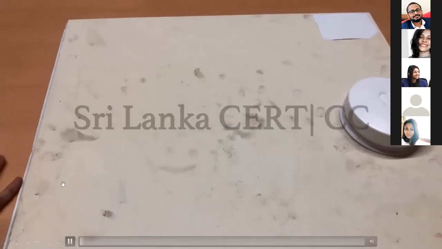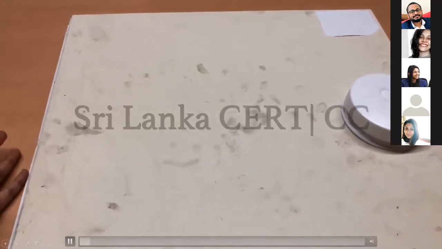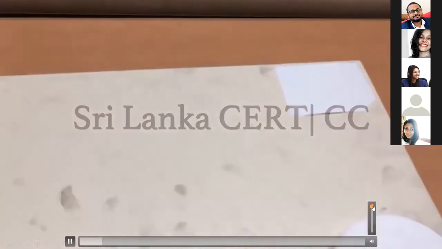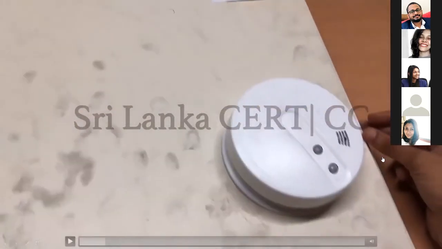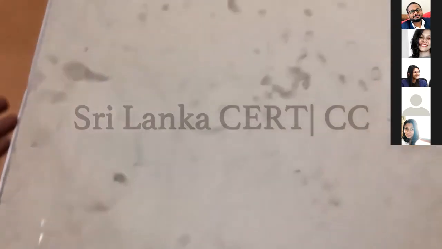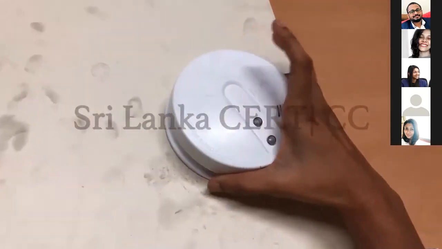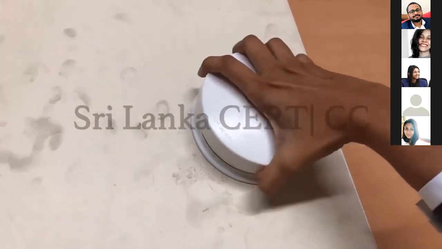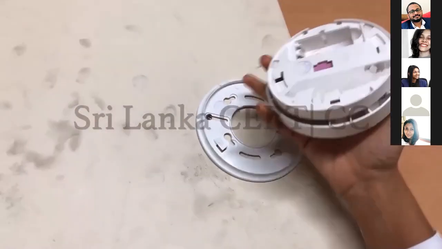So in this investigation, we went to an ATM and we saw this item on the ceiling and it was not fixed properly, so we asked someone to remove it. And here we saw a fire sensor, but it was not having any power supply. So we removed it to see how it has been working.